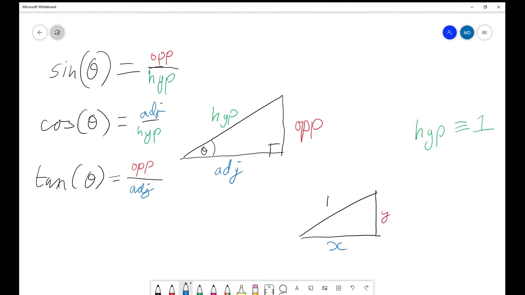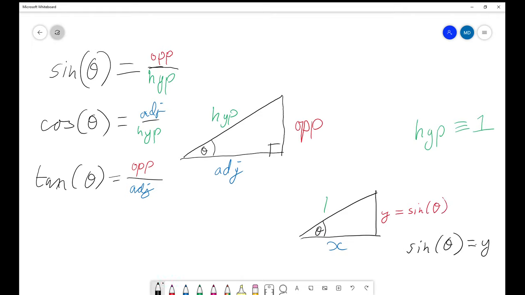Now, if we know that our hypotenuse is exactly 1, that means that sine of theta, with theta still being in the same place, is in fact just y over 1. But y divided by 1 is just y. So in this triangle, this here is actually sine theta itself.